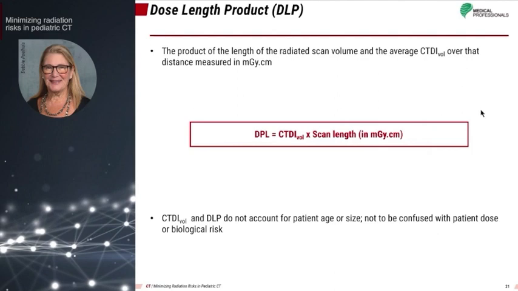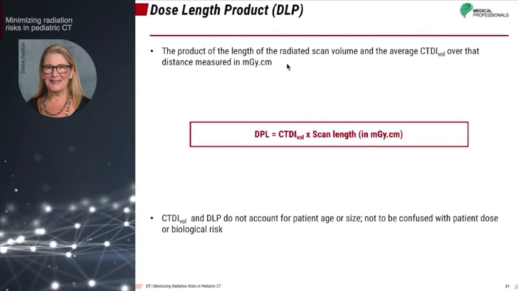So, what is the dose length product, or DLP? Dose length product is the measure of the total radiation exposure for the whole series of images.